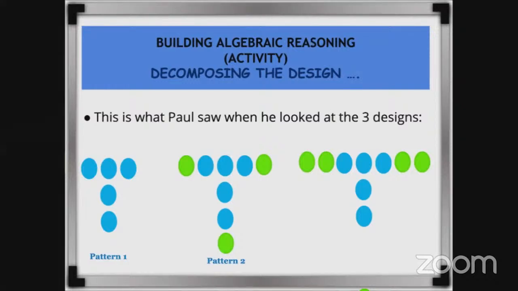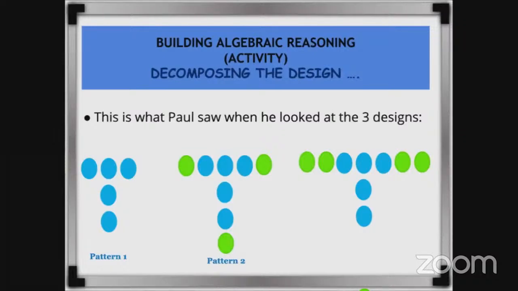So I can see that I would have added 3 to get pattern 2. Did I add 3 more to get pattern 3? Yes, ma'am. So I started with 5 and I added 3 to get pattern 2. By the time I reached pattern 3, I would have added 3 two times.